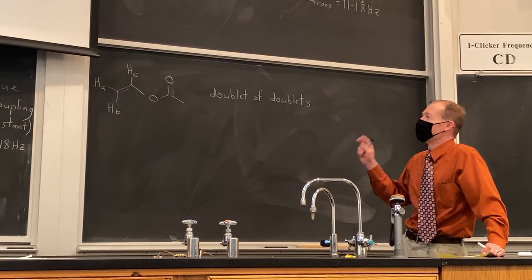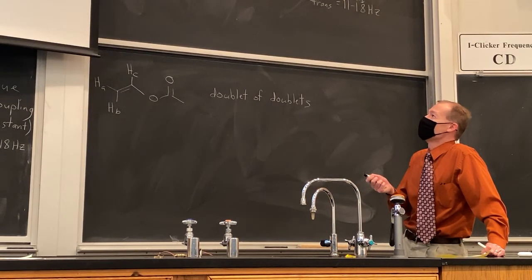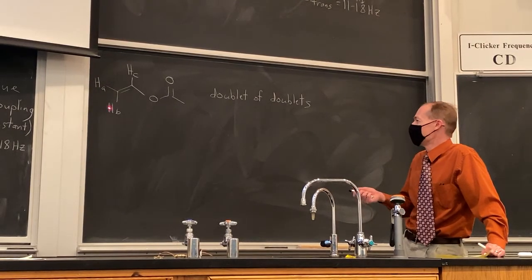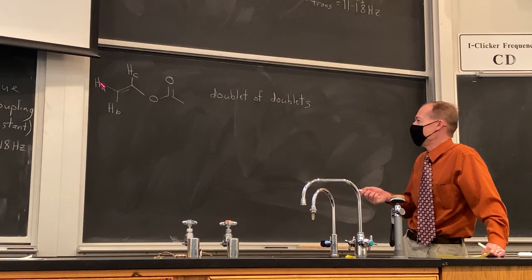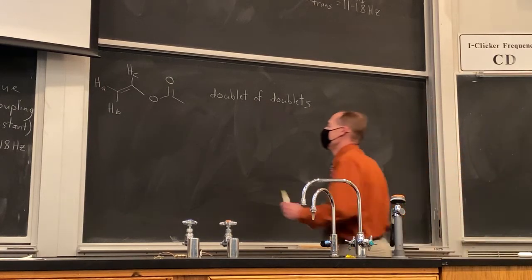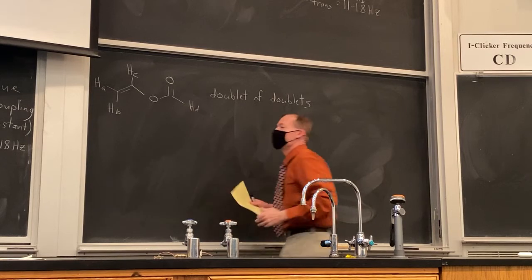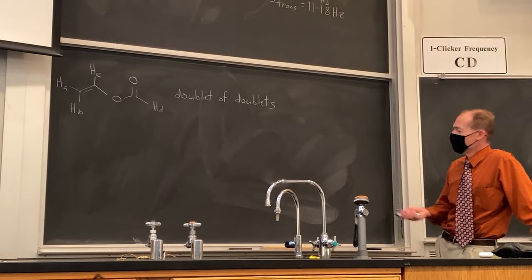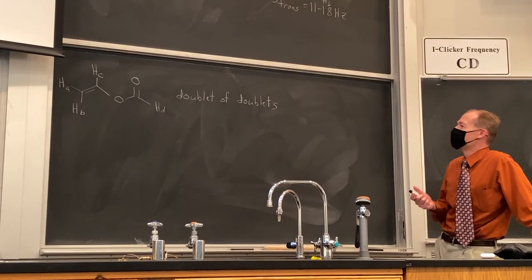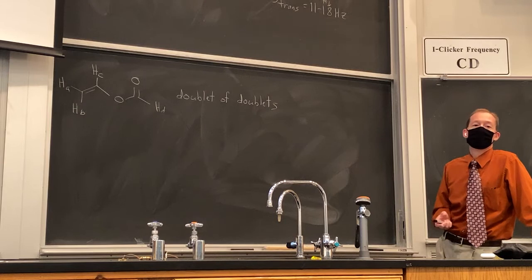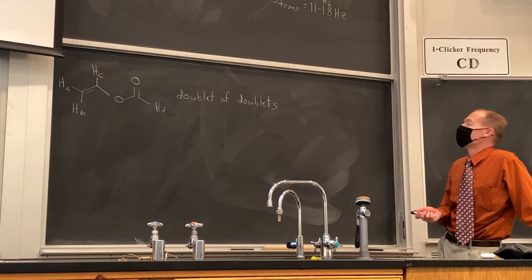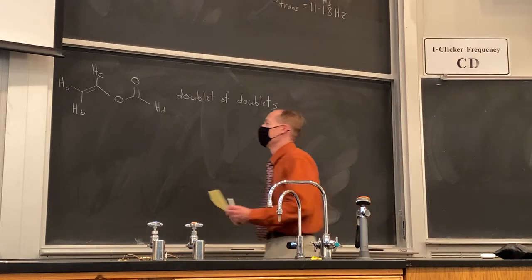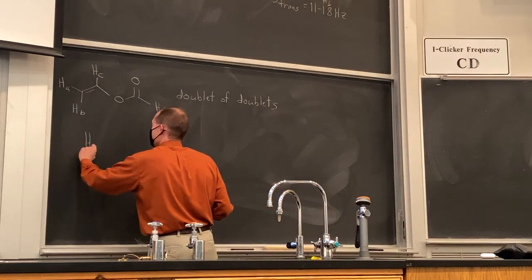So we end up with a doublet of doublets. Our example here on the screen had a quartet of triplets, so this will be a simpler example. We'll have a doublet of doublets for each of these 3 peaks, for A, for B, and for C. Of course, the one I haven't labeled, maybe I'll label that D, HD is just going to be a singlet. Okay, so that'll be easy to spot in the NMR. How are we going to tell these three doublet of doublets apart from each other? We can do so by considering the different J values that we will have for the different types of relationships. So let's look at HA.